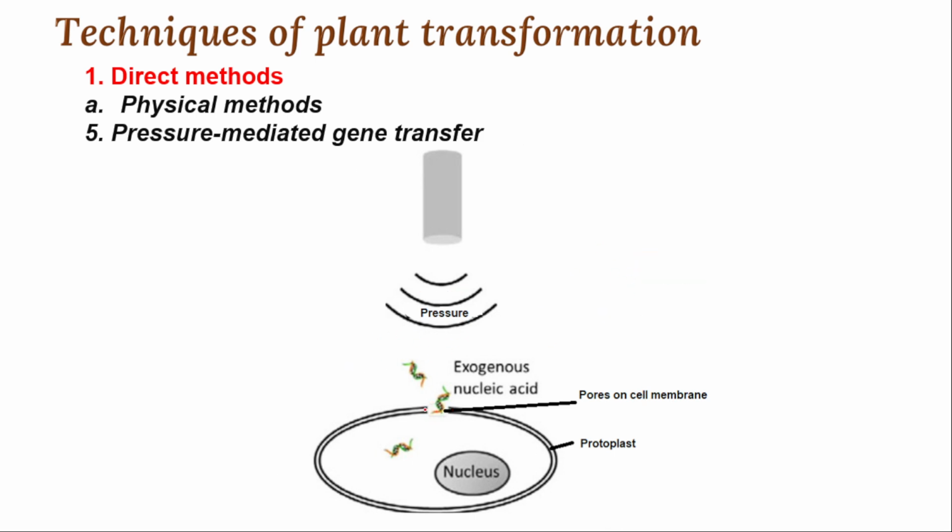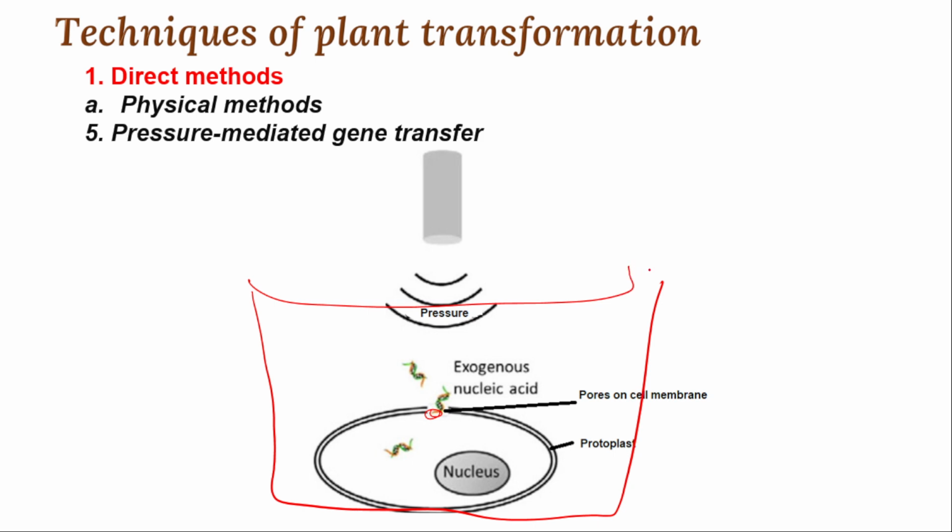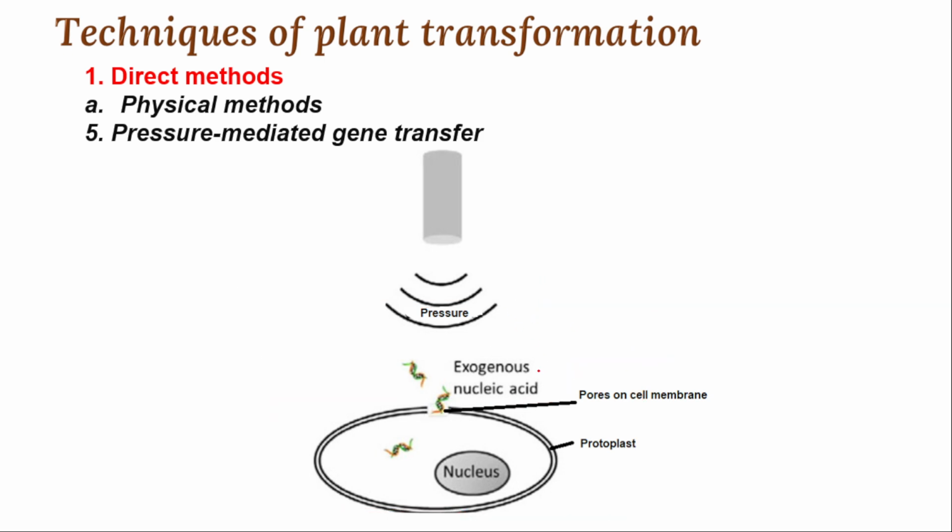Because of the pressure, it creates a tiny hole, and then we'll dip it into a solution, a polyethylene glycol solution that contains chimeric DNA or exogenous nucleic acid. The chimeric DNA that should be targeted on the nucleus or cytoplasm will percolate through the pores and then enter into the cytoplasm as well as the nucleus here.